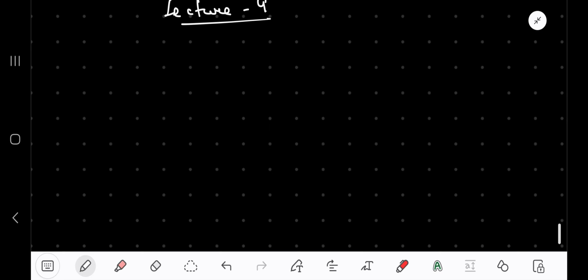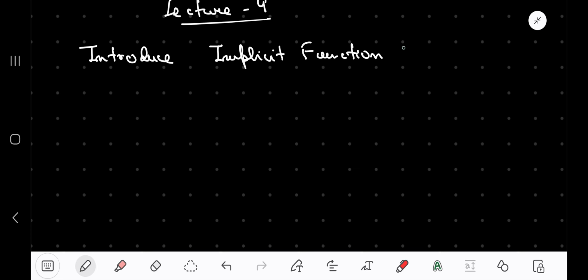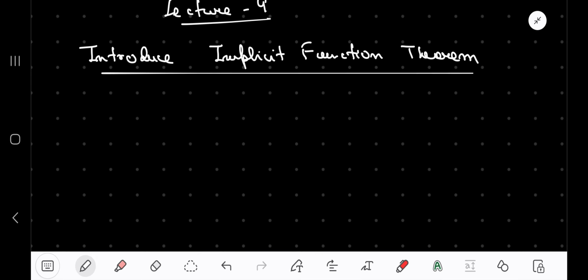And in this lecture we are going to introduce the notion of the implicit function theorem.